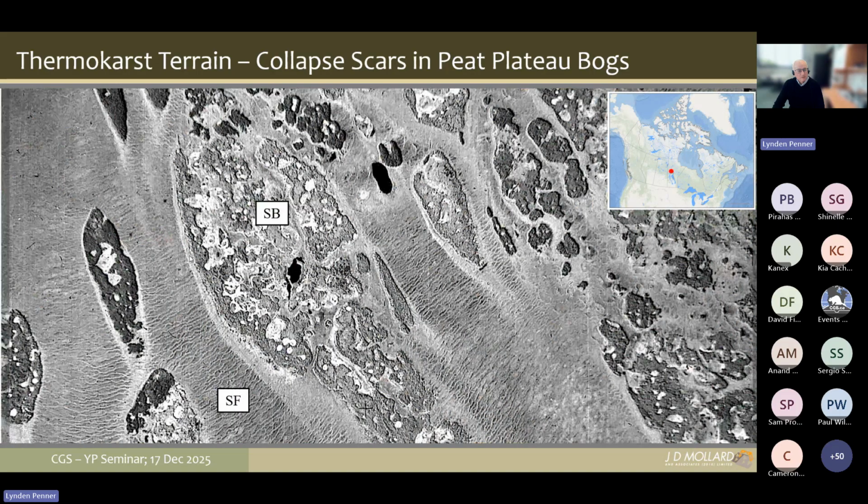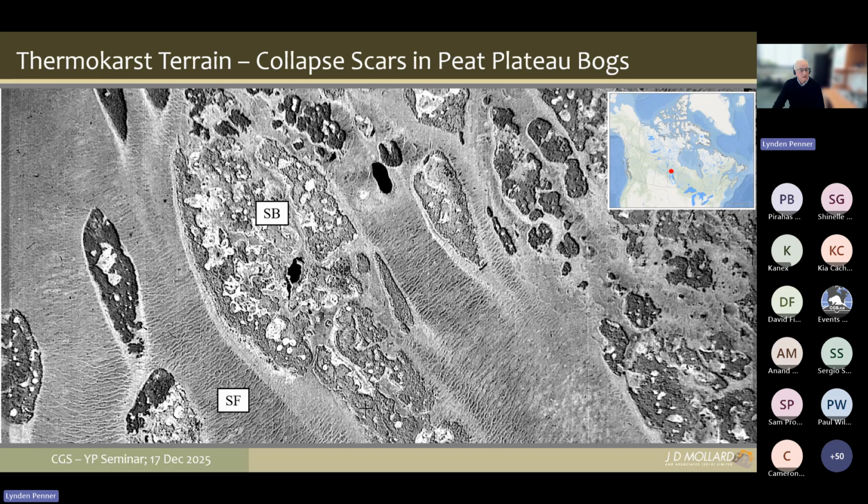One of the terms that Dr. Mollard would use is speckled bog. So you have these bogs with black spruce on them, and the speckles are caused by this thermokarst process that creates the collapse scars. So very diagnostic. The black tone here is from black spruce, which likes to grow on the bogs, and you have these white collapse scars.